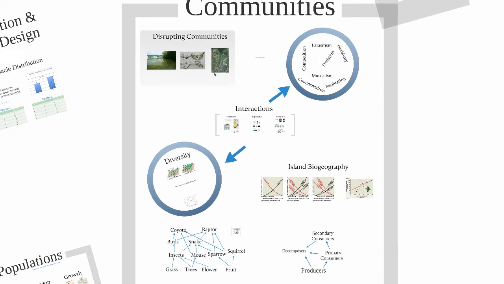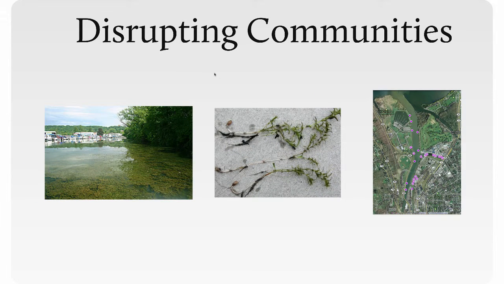I'd like to introduce this by introducing the problem of invasive species, and this is one that's local. You can see in this picture here the inlet of Cayuga Lake being pretty much choked off by this invasive plant called hydrilla. And here's a close-up of the plant.